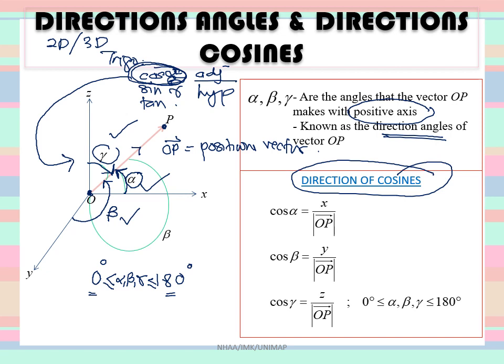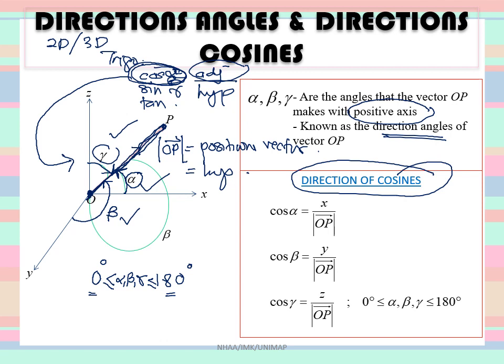For all three angles, the hypotenuse is always the length of your vector. So vector OP here, the length is the magnitude. This is the hypotenuse, and the adjacent is always the respective value of the axis itself.